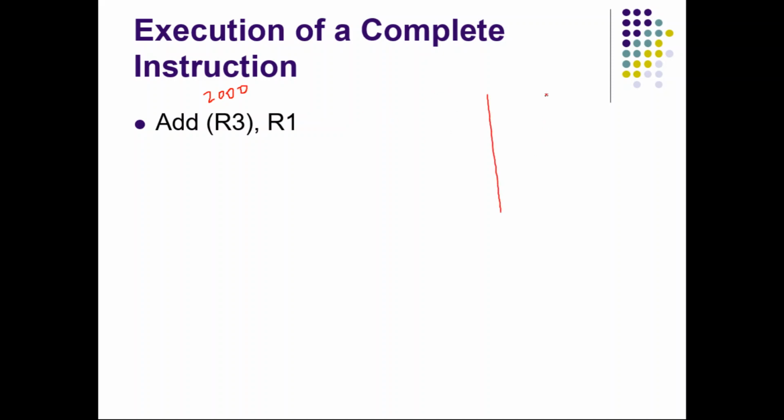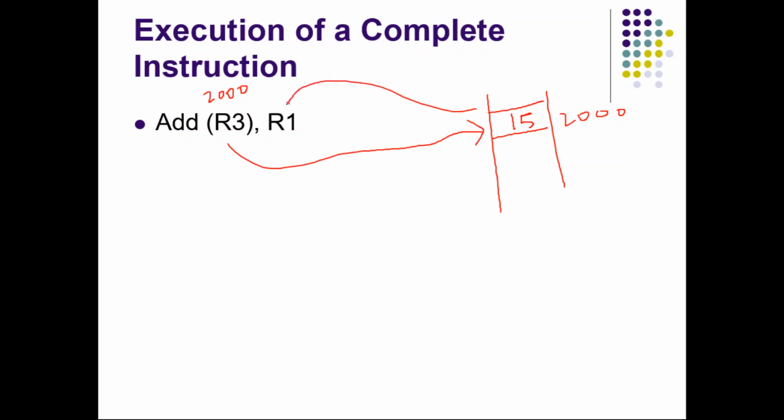Okay, so in memory there is some location called 2000. Maybe this location may contain some value, say it is 15. So the content of this location 2000, which is 15, should be added with the content of R1.